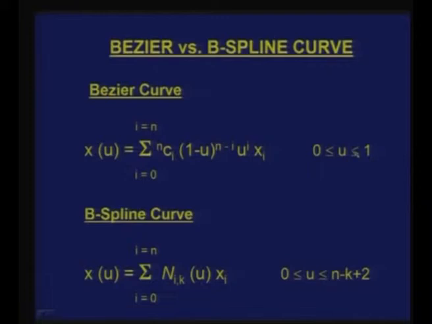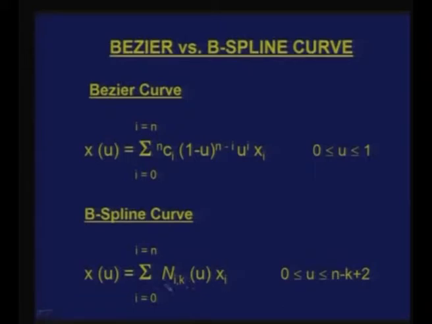So, u equal to 1 corresponds to the last point, and similarly u equal to 0 corresponds to the starting point. Now, let us come to the B-spline curve. You have a definition, if you see here. Suppose I have n control points, just like in the case of the Bezier curve; the same thing happens in the case of the B-spline curve too.